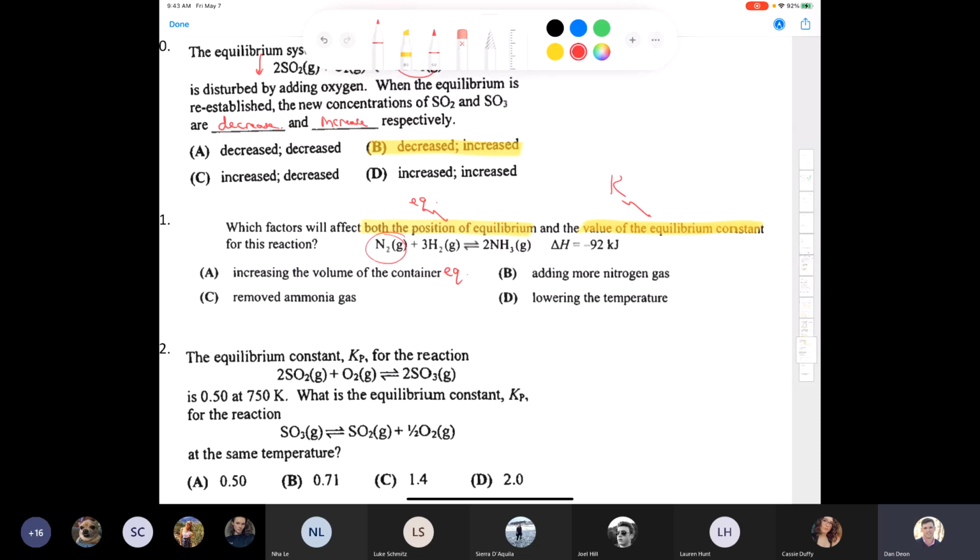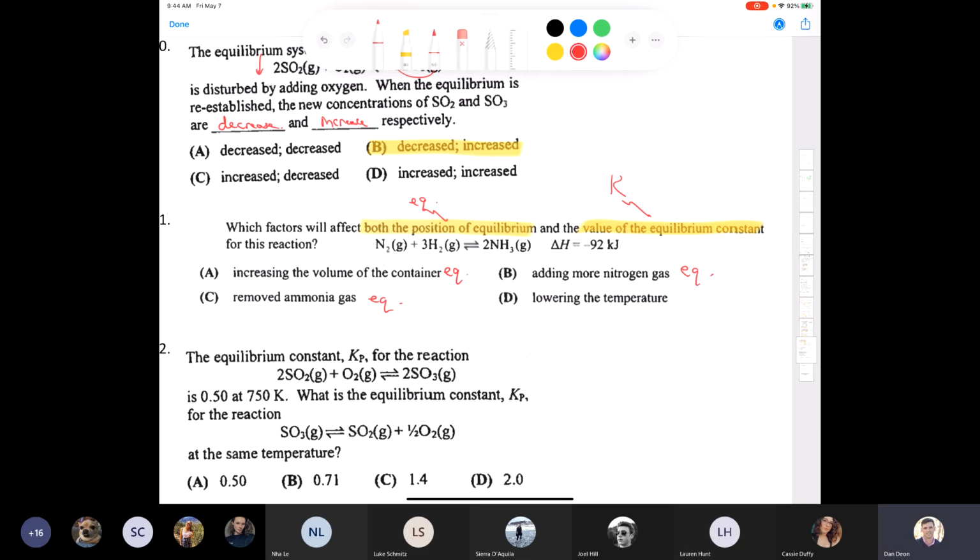If I remove some ammonia gas, that's going to push the equilibrium to the left-hand side, right, to reestablish the concentration of ammonia. So it is going to affect the equilibrium, but that's not going to change K. In B, adding more nitrogen gas has the opposite effect of C. You're going to push the reaction to the right-hand side, which will affect the equilibrium, but it's not going to affect K, is it?